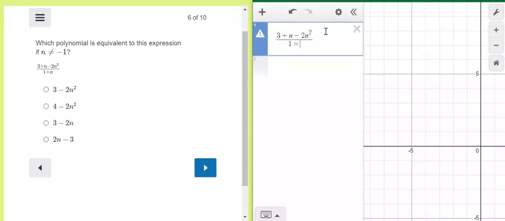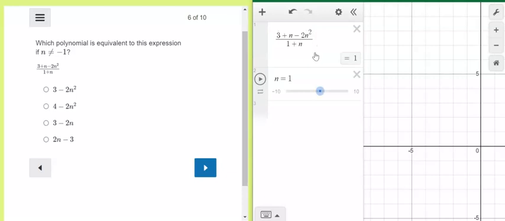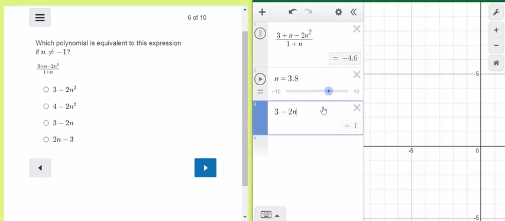But the way we need to do this is by factoring out the numerator and then canceling it out, and then checking to see which one is equivalent. But I'm gonna just do this the shortcut just because it's the SOL, and I'm just gonna check to see which one is equivalent.